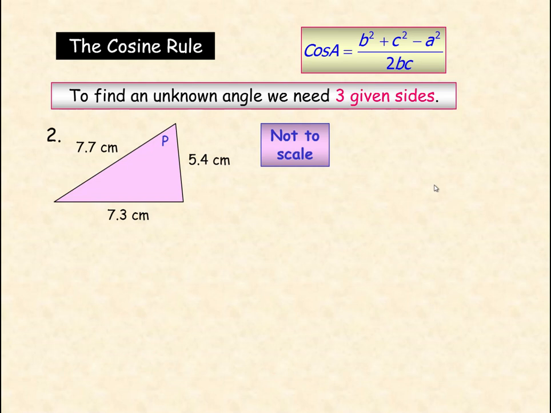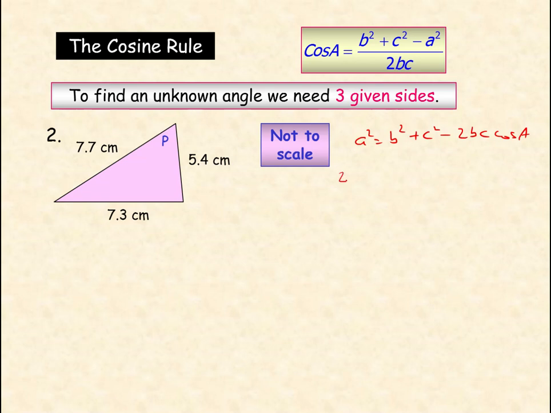So this is our second question. If you recall, our formula, this is the way I always remember it. I remember the first formula, a squared equals b squared plus c squared minus 2bc cos A. And then I just rearrange it to find cos A. So I bring 2bc cos A over this side and the a squared over the other side.